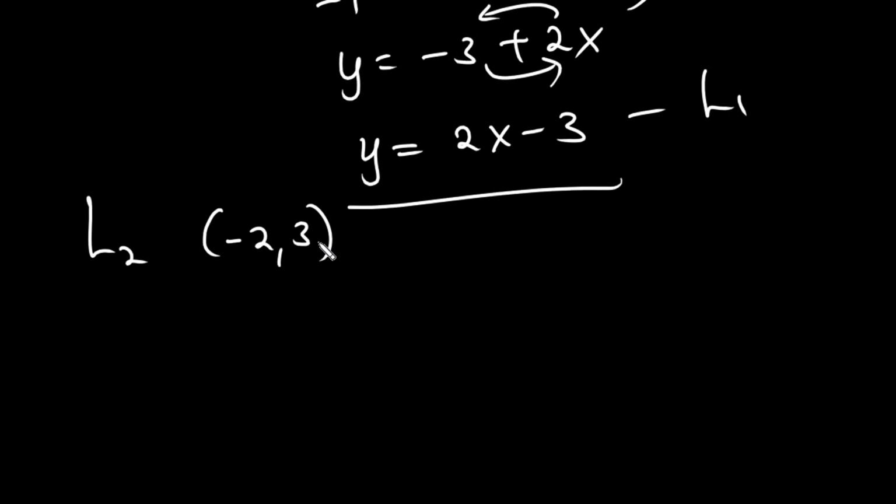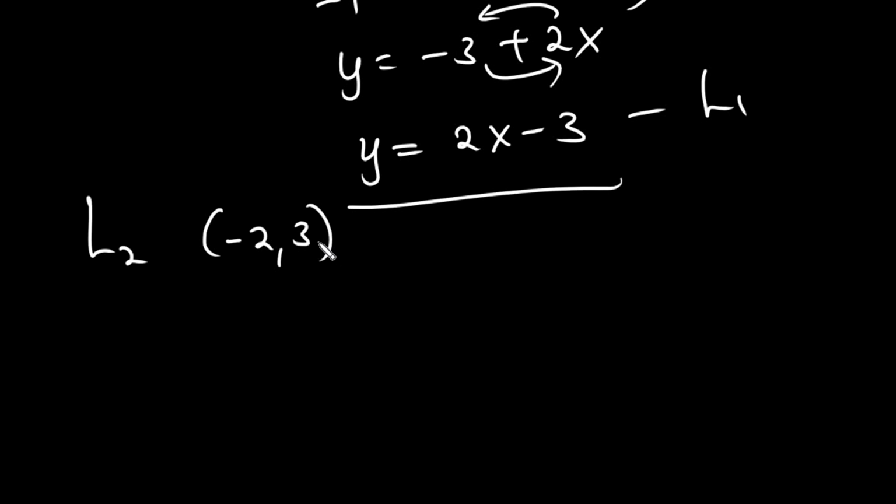Okay, there's a concept that I want us to get here. If two lines are perpendicular, the product of their gradients is equal to negative 1. Like for this case, these two lines we are told that they are perpendicular.